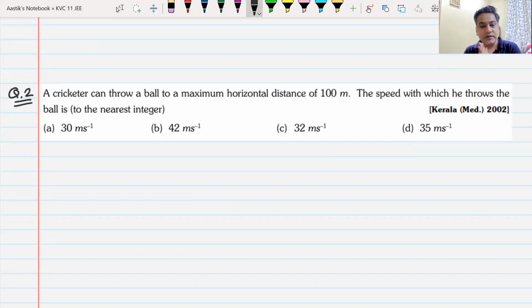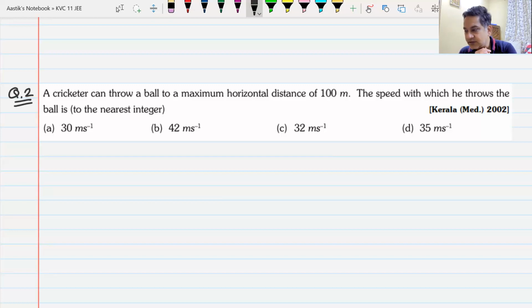A cricketer can throw a ball to a maximum horizontal distance. Read the question carefully. See what is the important point here. Maximum horizontal distance of 100 meters. The speed with which he throws the ball equals, to the nearest integer. You can take g as 10 or 9.8 or whatever. Nearest integer they're asking.